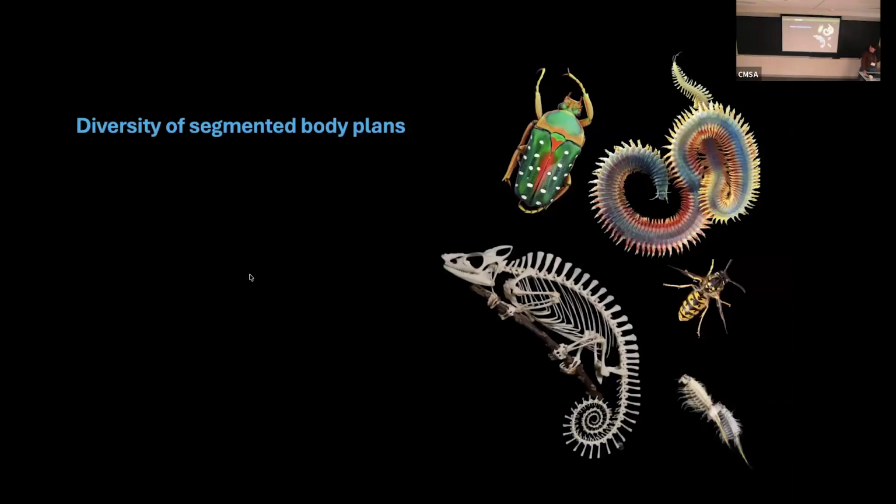Okay. So I'm interested in the evolution of biological form, and I want to understand how it is generated and how it evolves. Over the course of my career so far, I've been very interested in studying how segmented body plans in particular develop and how they can evolve to generate the vast diversity of segmented animals that we see today.